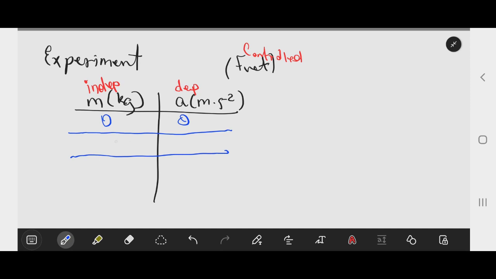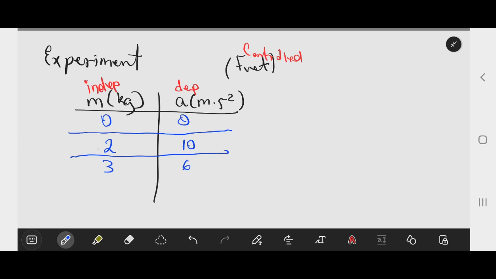Let's say the mass of the object is 2, and we measure an acceleration of 10 meters per second squared. Then we increase the mass of the object to 3, and we measure an acceleration of 6.